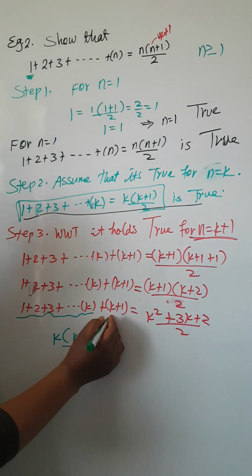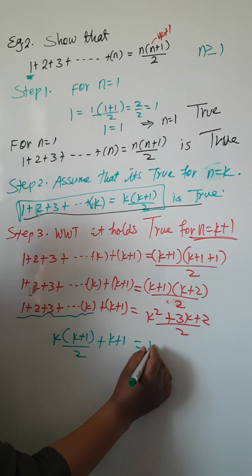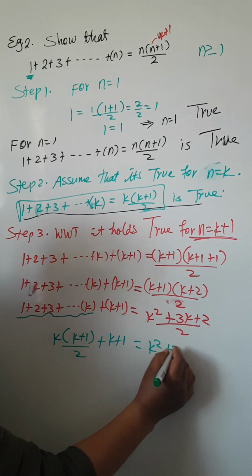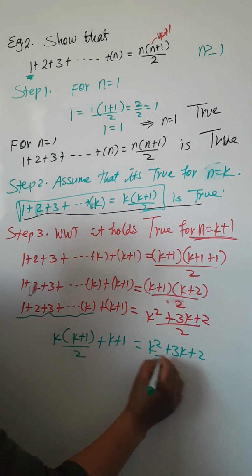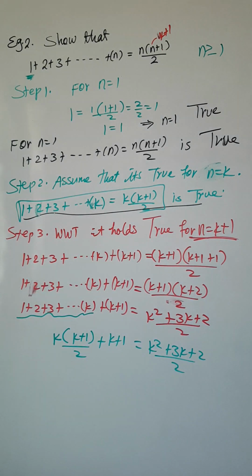Then here we have plus k plus 1. This is equal to k squared plus 3k plus 2 over 2. If the two sides of the equation are equal, then our induction is proved.